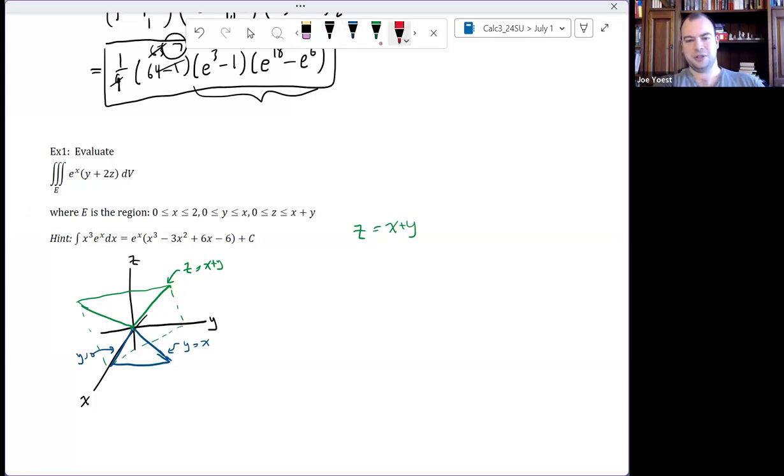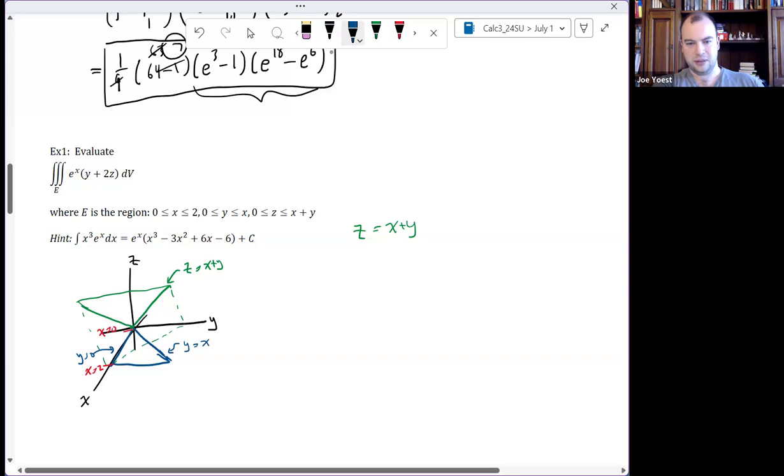And then lastly, x goes between 0 and 2. So what I have is, let me draw this blue y equals x kind of projected up into the plane.